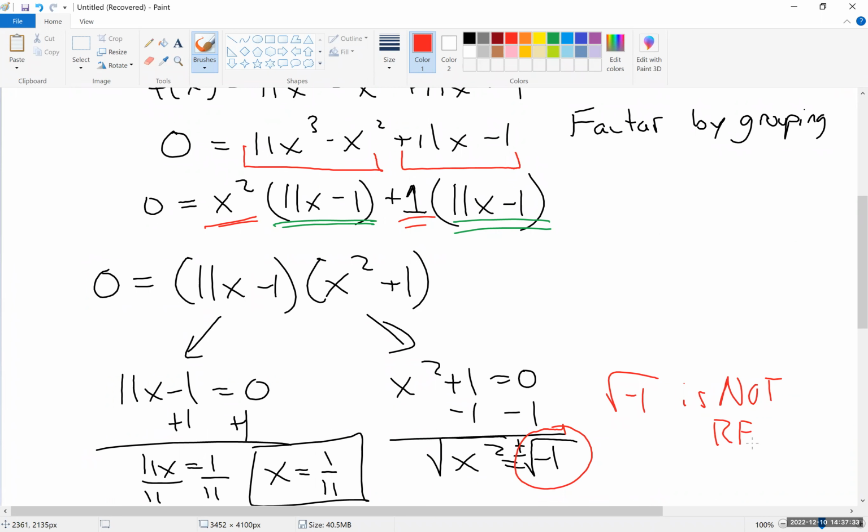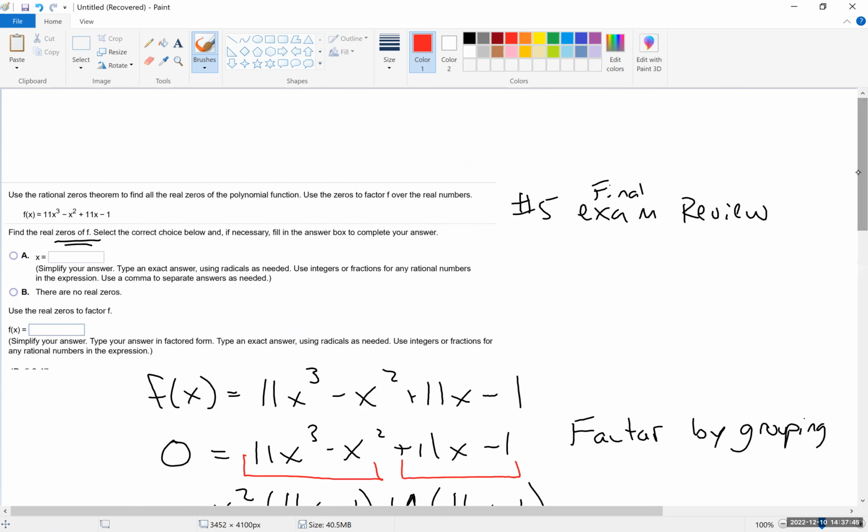If it's not real, we don't care about it. The only answer that we are going to select is 1 over 11. So when they ask us the question, find the real zeros, our only answer is x equals 1 divided by 11. That is our only answer.